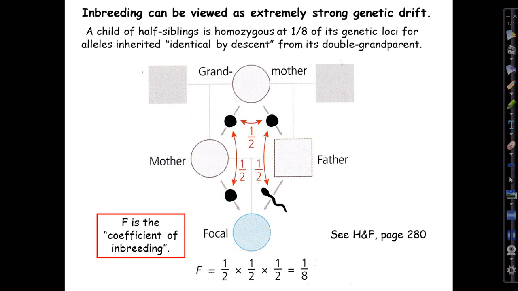There's a substantial chance, like an eighth, that the child of the half-sibling mating will end up being homozygous for it, will be affected, will have seriously reduced fitness.